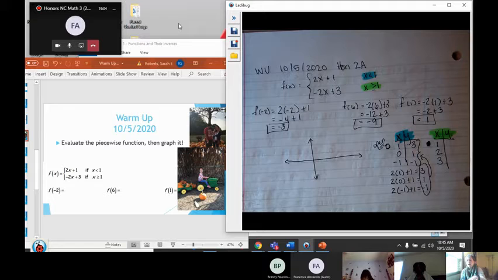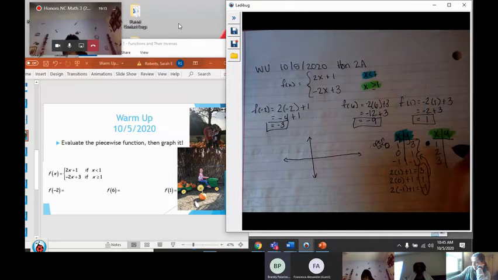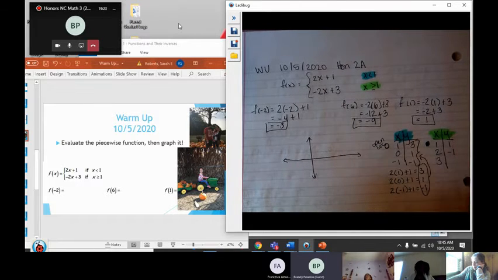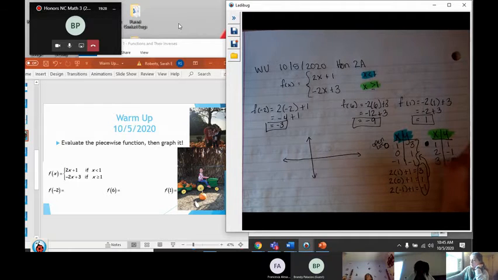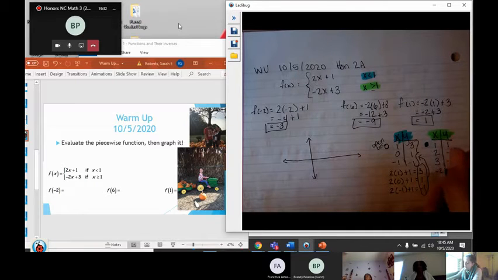Okay, good. And then Brandy, will you help me fill in the table for function? 1. -1. And then -3. Yep. So here, I'll write these out as well. So this is -2 times 1 plus 3.